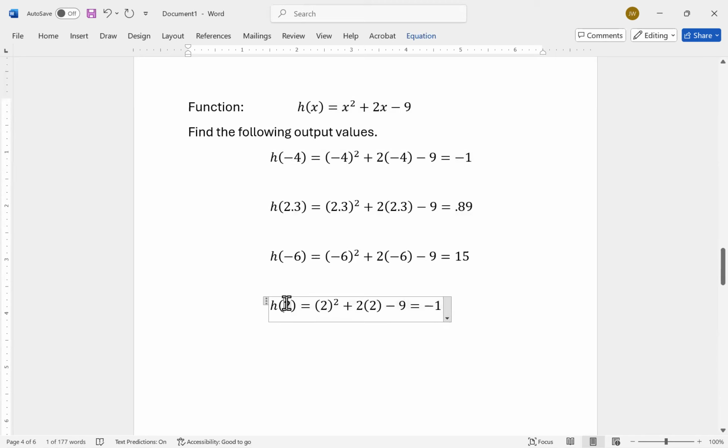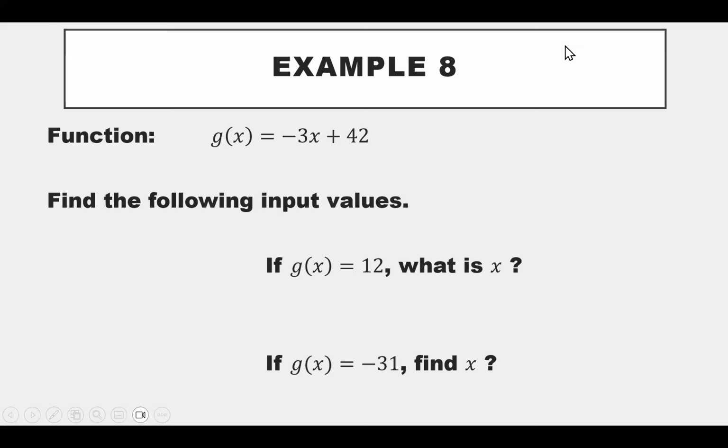There's negative 4 or 2. Both of those, when you input them, give an output value of negative 1. But like I said, we'll stick to pretty straightforward functions so that the equations are nice to solve in this section.